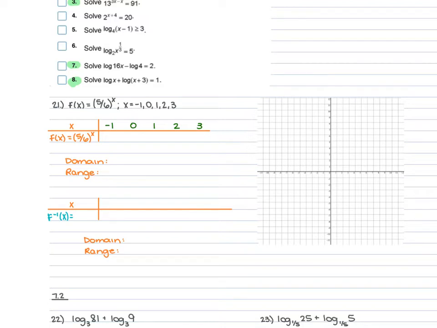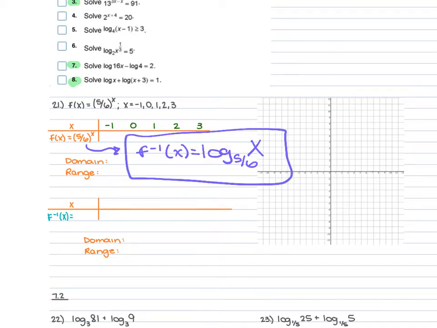So in order to do this, you're just taking the log of that 5/6 to the power of x. So your inverse of this, f to the negative 1 of x, is equal to log 5/6 of x. So this would be your inverse of this.